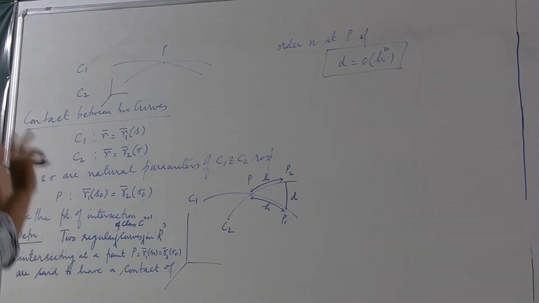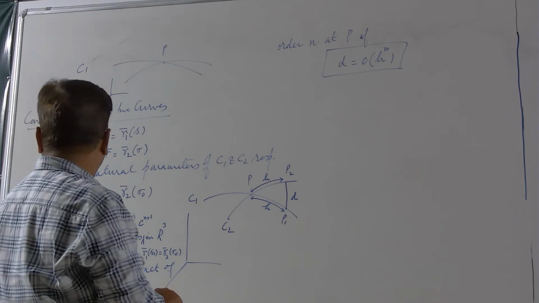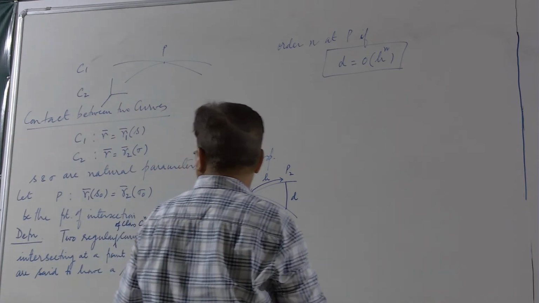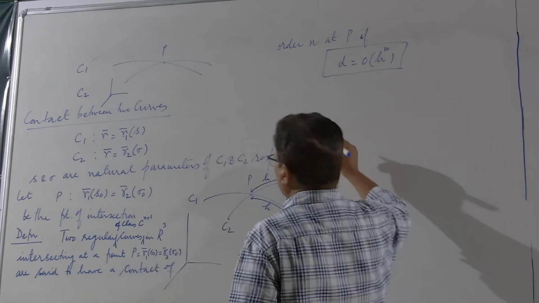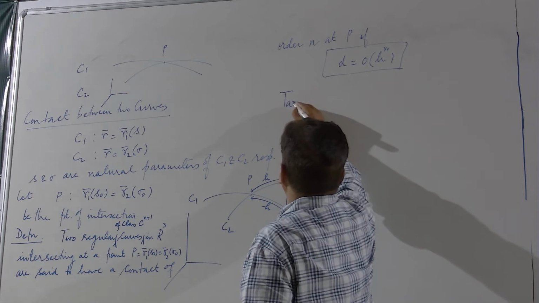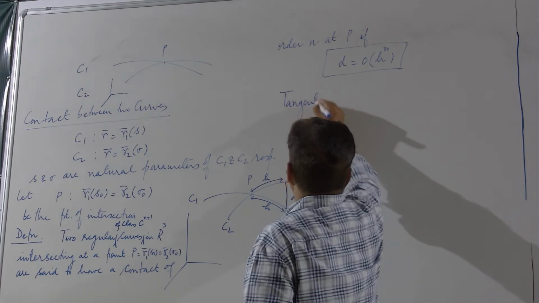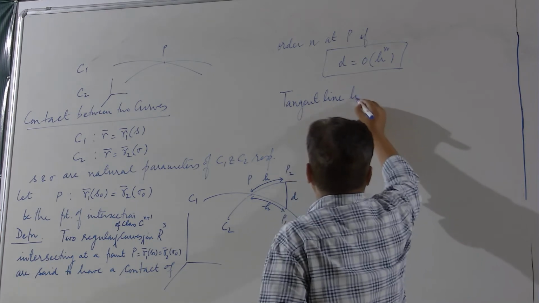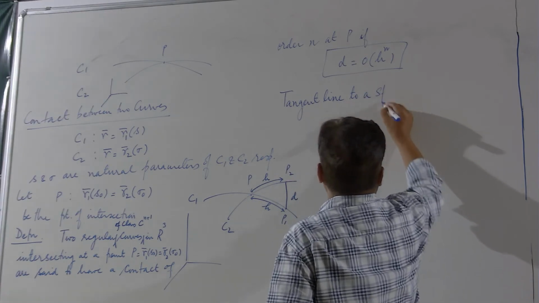All right. So, this is how we visualize it. This is the meaning of the order of contact. Now, with this definition in mind, I can talk of the tangent line to a space curve.